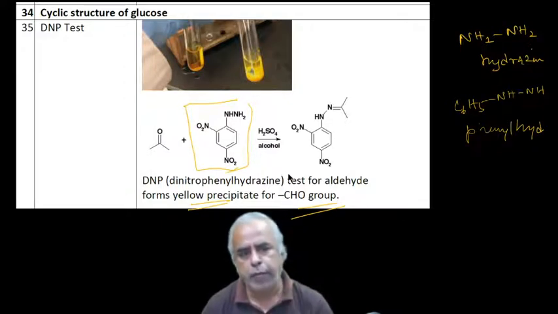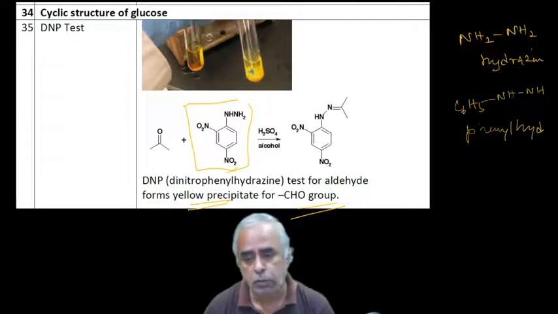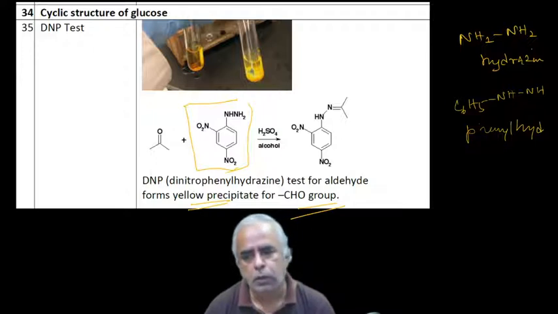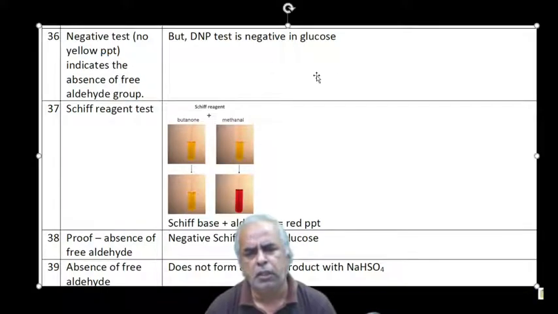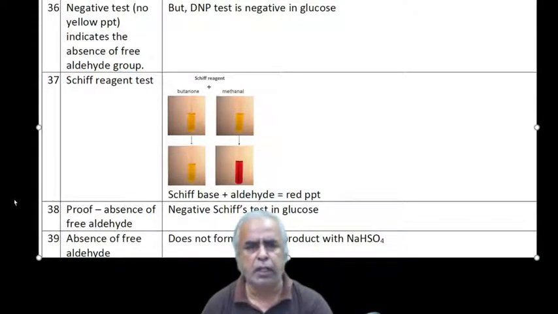So we have established, listen to me carefully, that glucose has an aldehyde group, but unfortunately in the DNP test it has miserably failed. The scientists were wondered, they were stuck with great confusion.